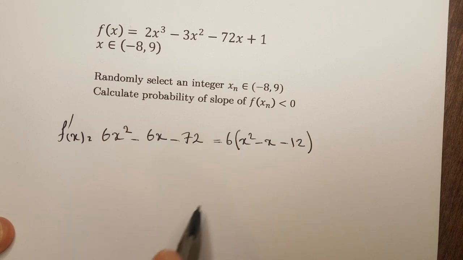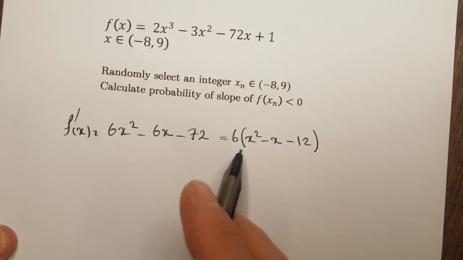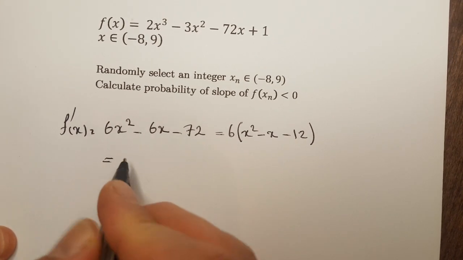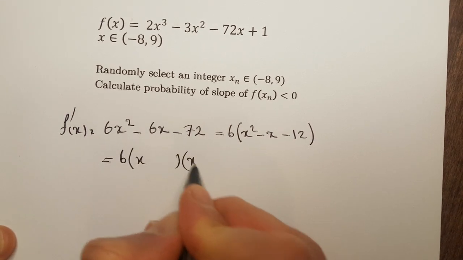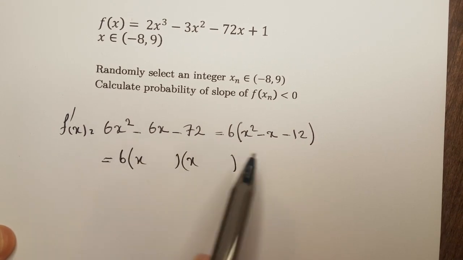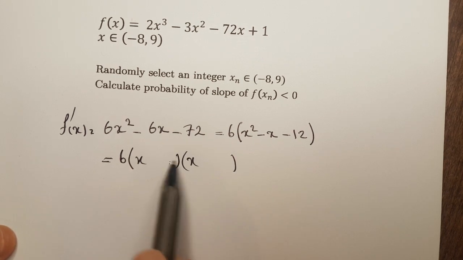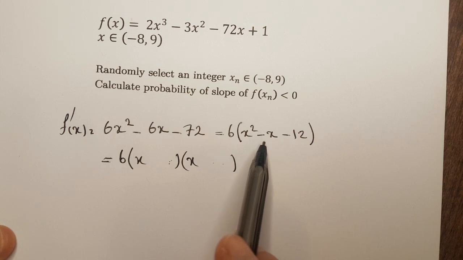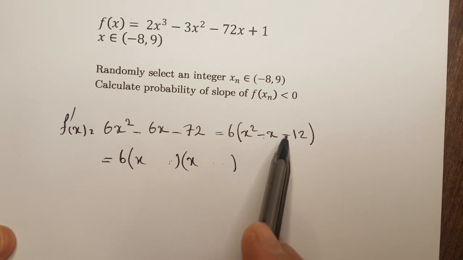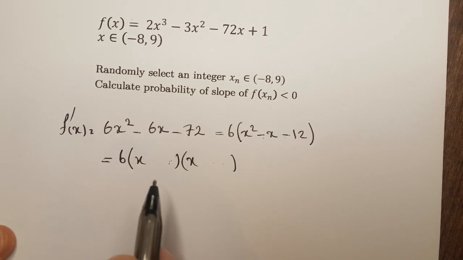So if we factor this expression, it will be equal to 6 times (x + a)(x + b). The two variables, let's call them a and b, their sum should be equal to -1 and their multiplication should be -12.